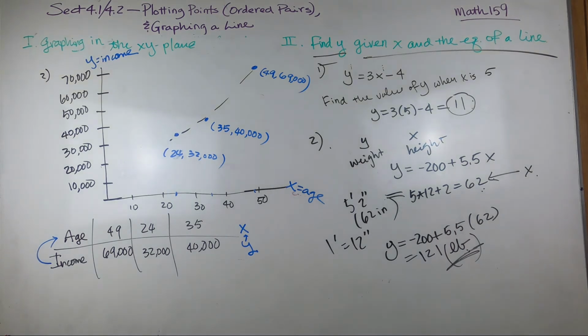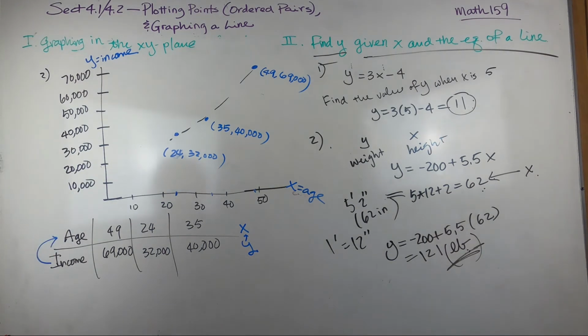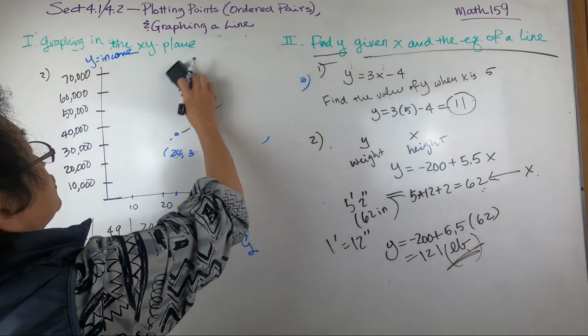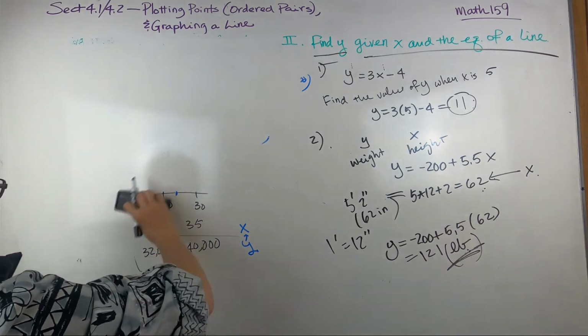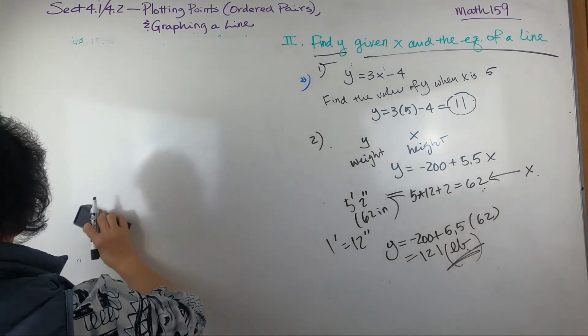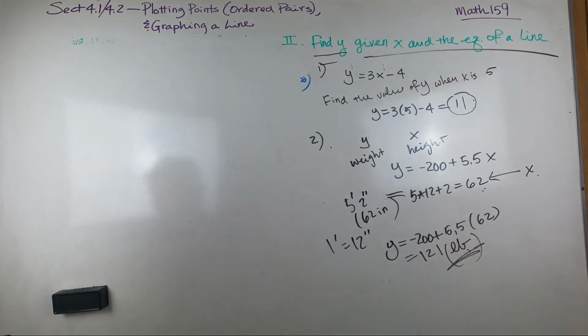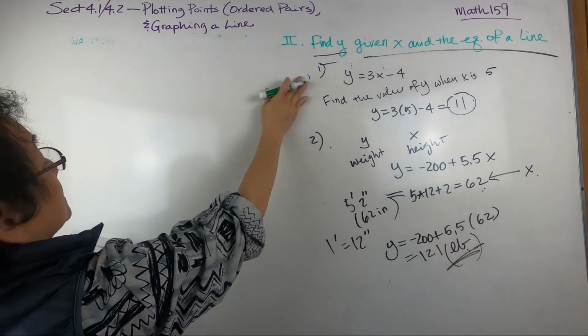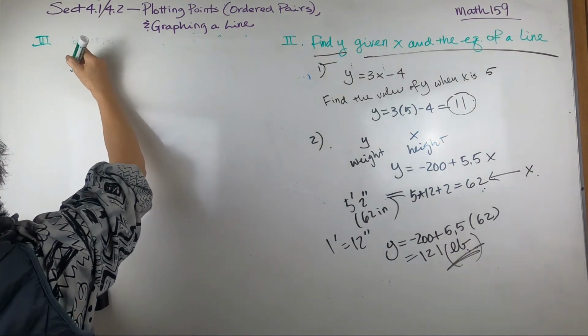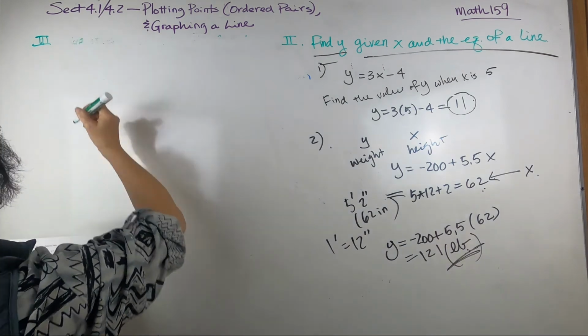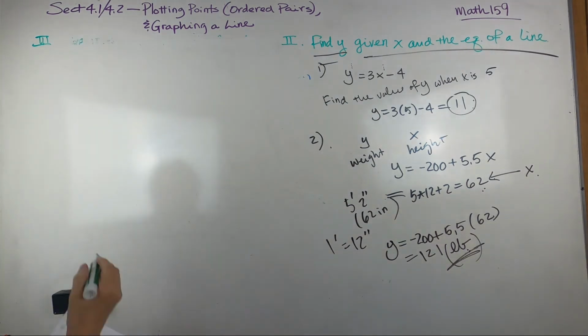We did this in your chapter 2, earlier, when we introduced variables when we started, okay? So by plugging in. Now let's talk about graphing a linear equation by plotting ordered pairs.